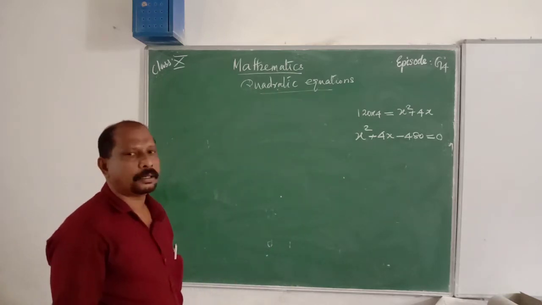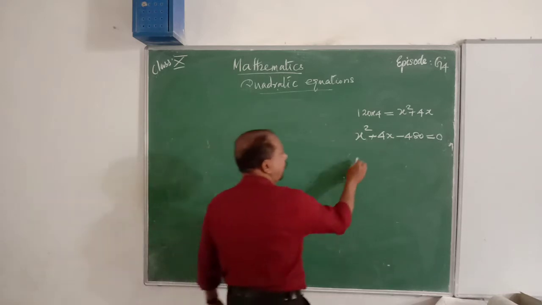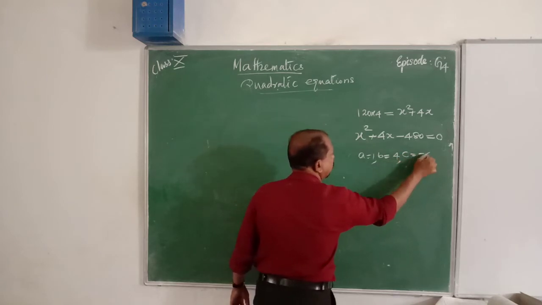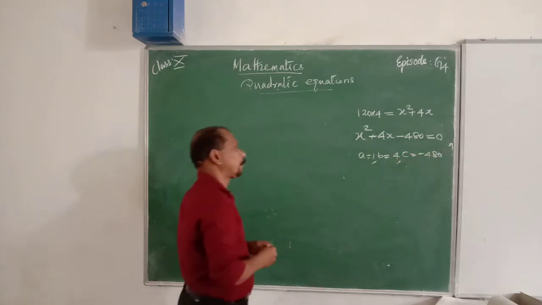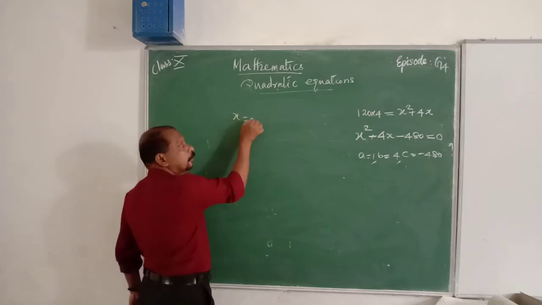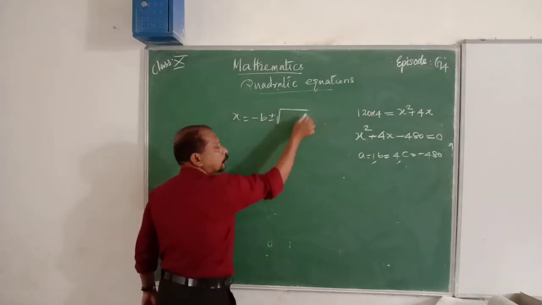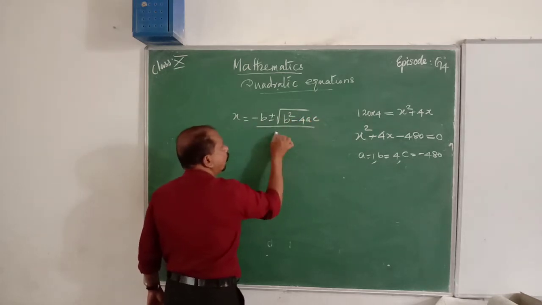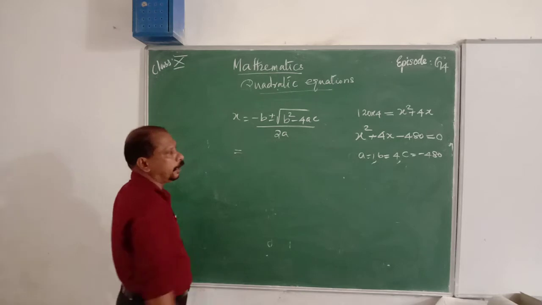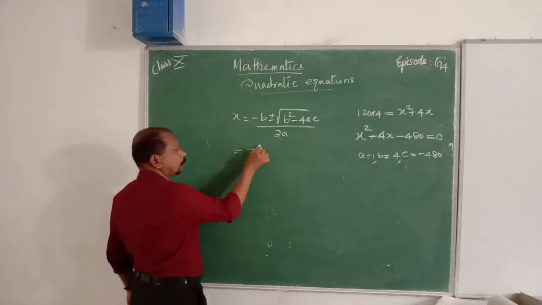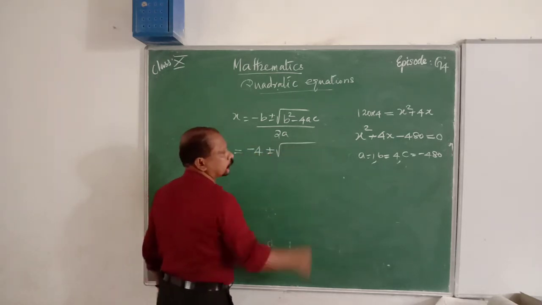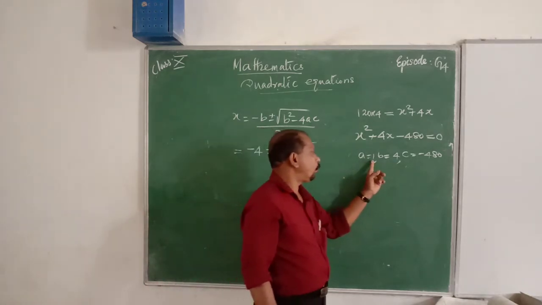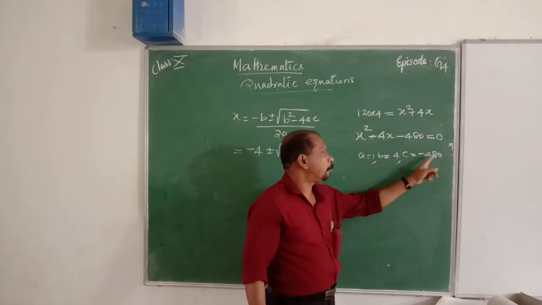Then using the quadratic formula, a is equal to 1, b is equal to 4, c is equal to minus 480. Then x is equal to what? Minus b plus or minus root of b square minus 4ac, whole divided by 2a. b is 4, so minus b is minus 4, plus or minus root of b square, 4 square, it is 16, minus 4 into 1 into minus 480.